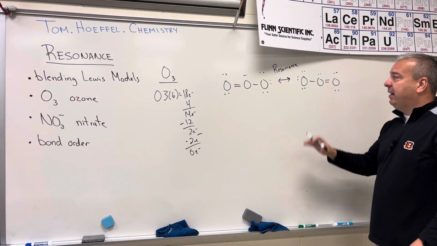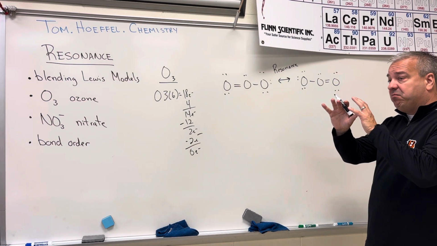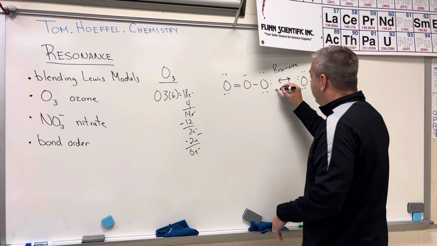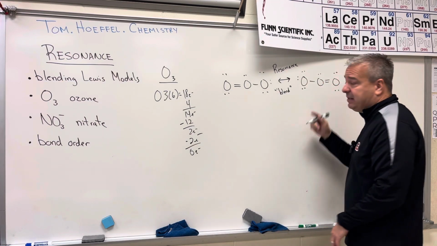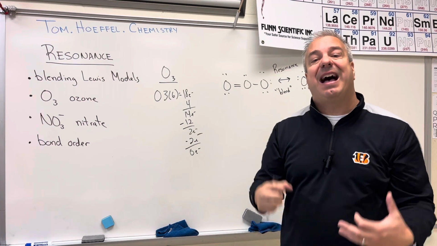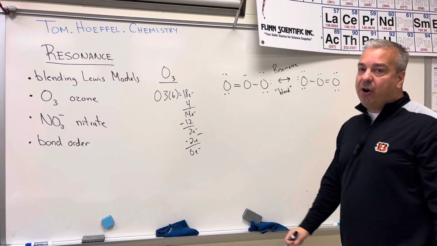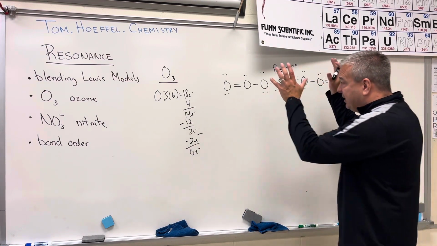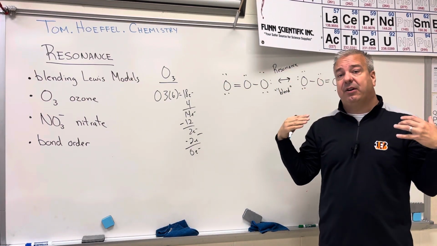Some students really confuse what resonance is. In easy, straightforward terms, we're just going to have to blend this model and this model, but we have to blend it in our head, because there's no single Lewis model that truly depicts ozone well. We're taking this model and blending it in our head.